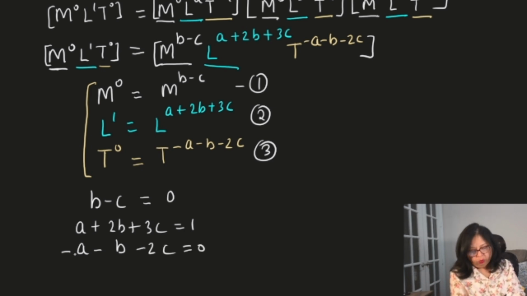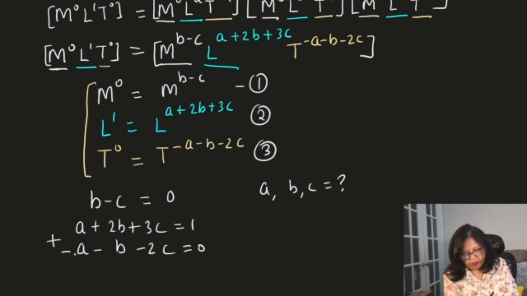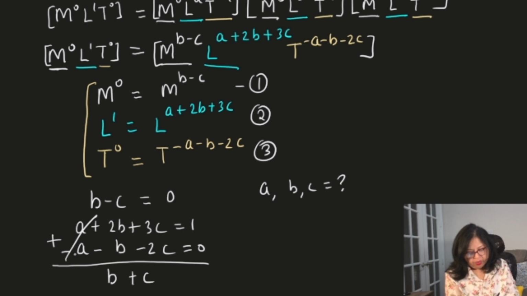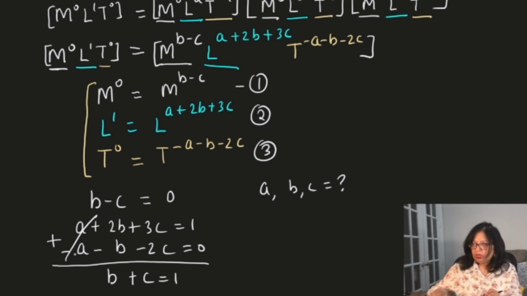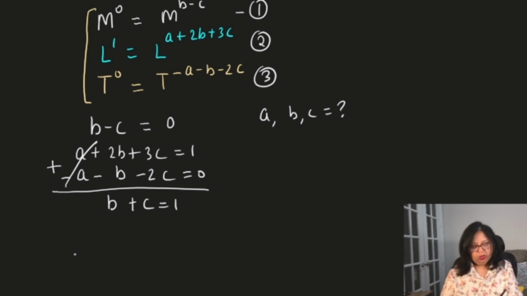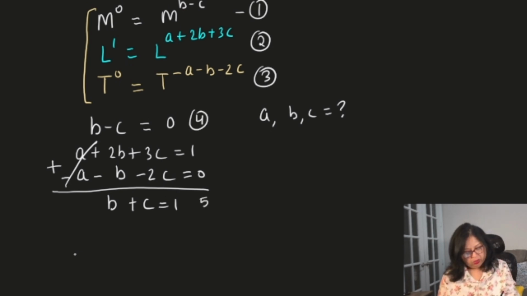So now we have to solve for a, b, and c, correct? The last two equations, if I add them, a's cancel out. I'm left with b plus c equals 1. This equation, along with number 4, call this number 5 here: b minus c equals 0 and b plus c equals 1.